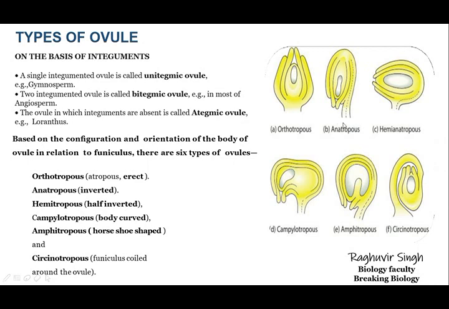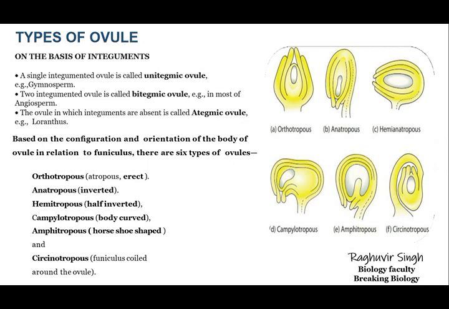The second is the anatropous ovule. If you turn the orthotropous ovule at a 180-degree angle, then it will form the inverted ovule, or the anatropous ovule. In 80% of angiosperm families, the ovule type is anatropous, and the ovule which I already showed in the previous slide was also anatropous.